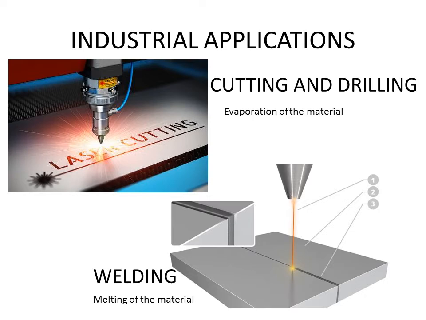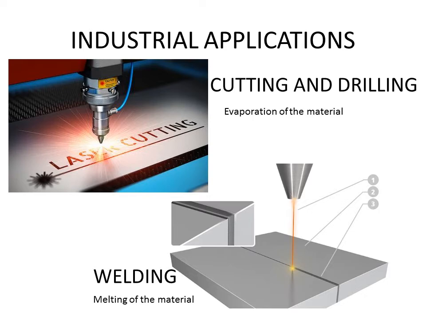So how this cutting and drilling is done is, for example, in this picture you can see the laser is focused onto a single spot, and at that spot a very high energy laser will be used. So the material will absorb the light, and it will undergo evaporation at this location, and on evaporation that material will be removed from that location, and it will result in a hole.